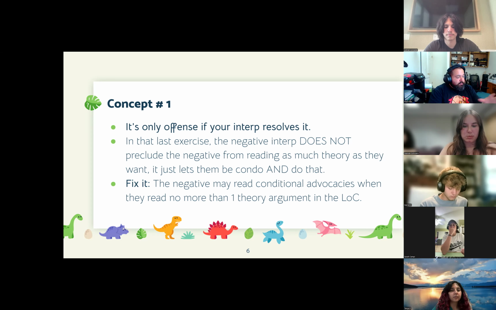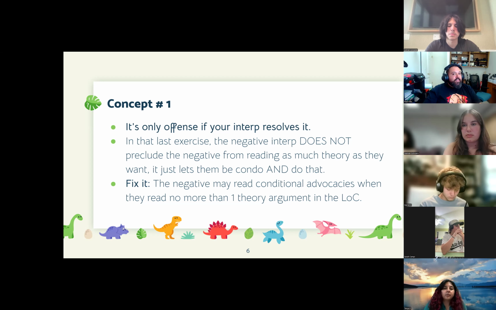Similarly, when we talk about dispositionality later, that is the thesis of dispo. The thesis of being dispositional is the aff gives up the ability to read theory and to read permutations in exchange for constraining the negative's ability to read conditional advocacies. And so I think, generally speaking, it's a lot easier and potentially more compelling to explain to a judge, we're not just arbitrarily constraining the ability of the other team to read these arguments.